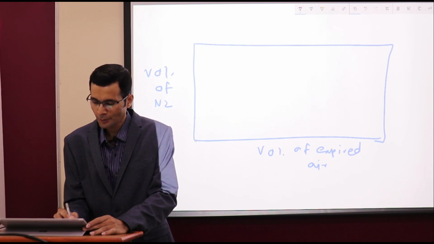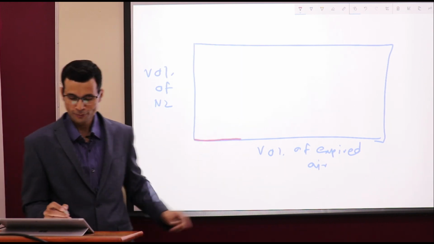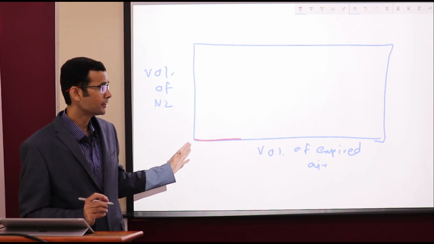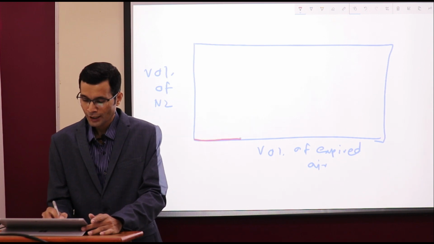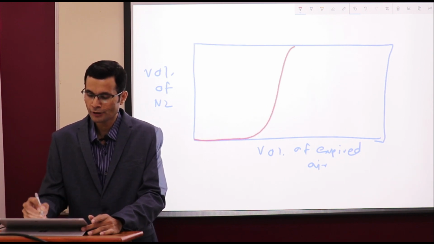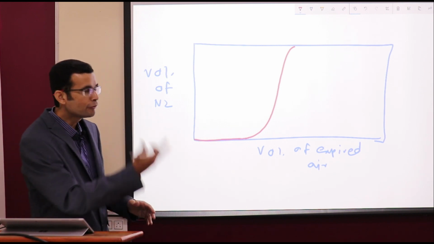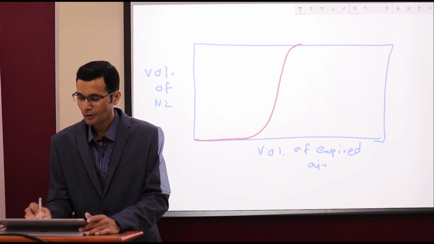The graph is S-shaped, which means initially the volume of nitrogen is zero, because that air is coming from the dead space, and then slowly the nitrogen volume will increase as alveolar air starts coming out, and then it will reach a plateau.